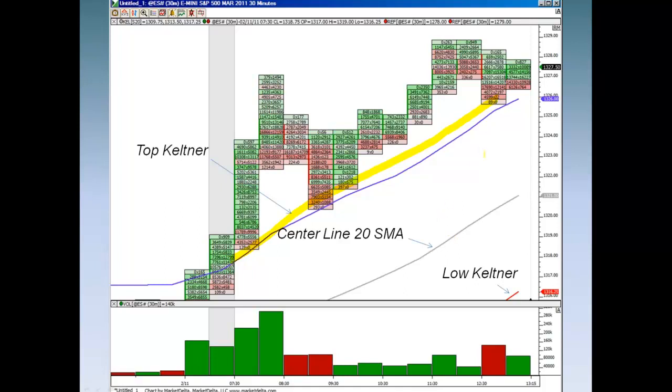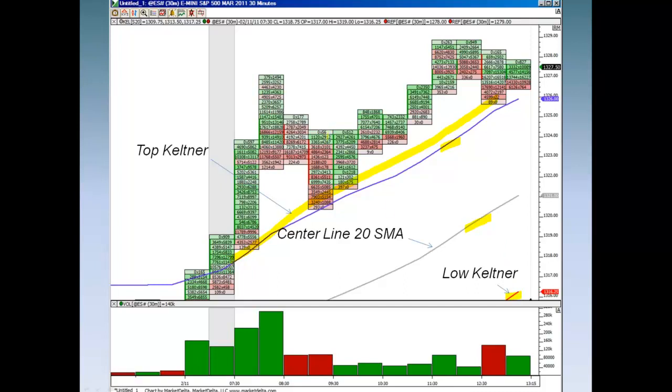Another way that the Keltner is very useful is it shows me when the directional movement begins to weaken. And the levels within the Keltner provide me levels of support and resistance, and sometimes also targets.